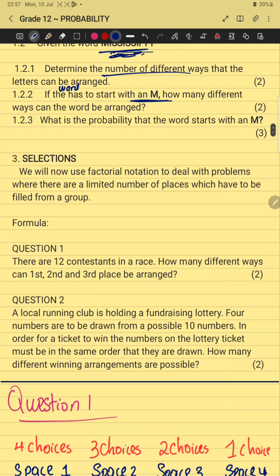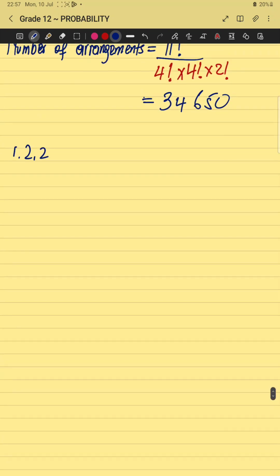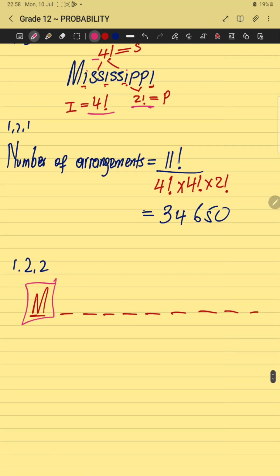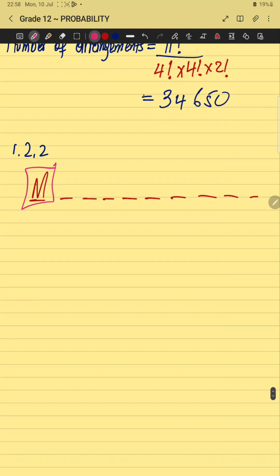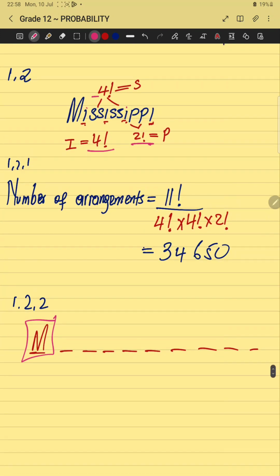So that means again we're going to fix that M, and then we count the rest. So M is fixed now. It's quite clear, guys, that because in total we have 11, we're going to have 10. But let's just check in terms of repetition. M does not affect it.